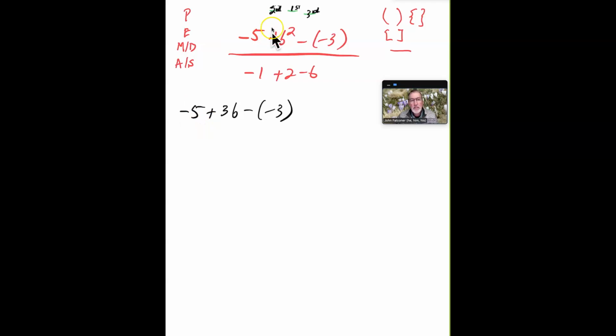So this addition comes before the subtraction, not because we write A and then S, but because we work from left to right. The same way we read, when you have two or more operations on the same level, you just go left to right, same as we read in English.